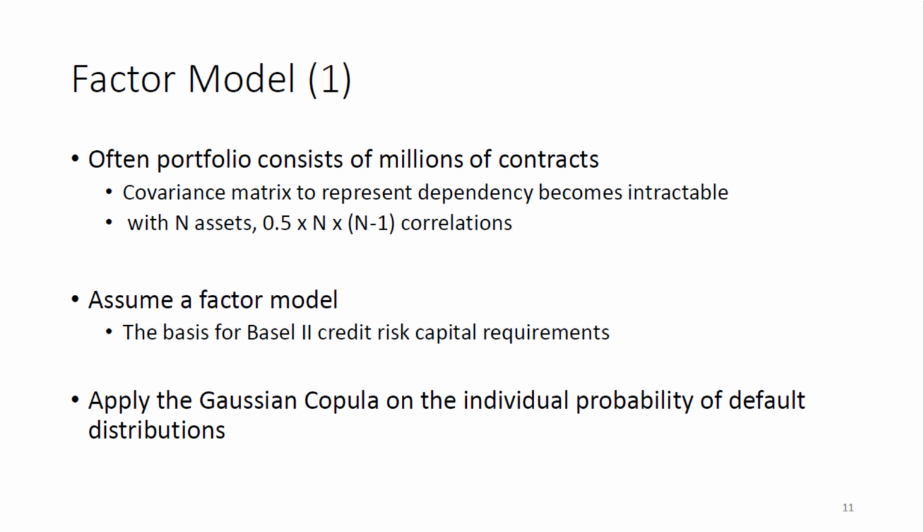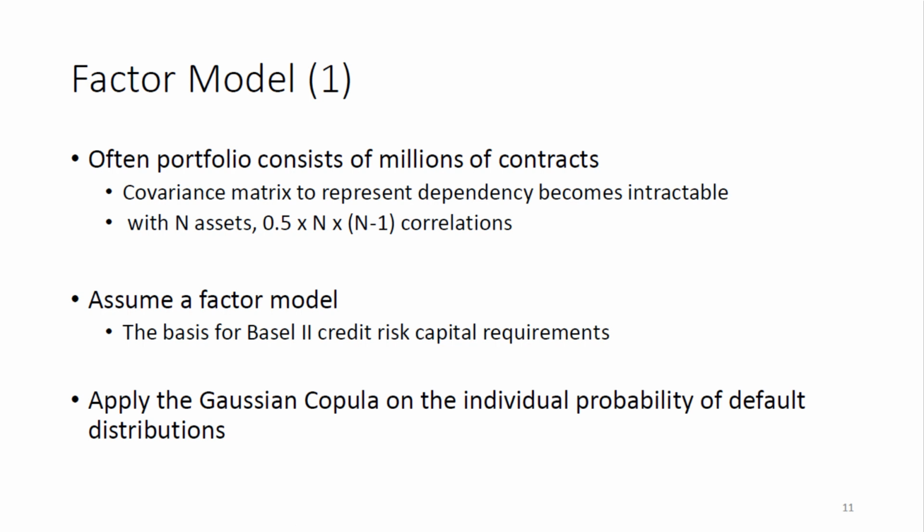Think of a macroeconomic variable or a market variable and say, well, if I know what the relationship is of each individual asset to that factor, then it's because of this factor that is moving that both assets will co-move. So that's a more parsimonious way of identifying co-movements in a portfolio, and it works pretty well.